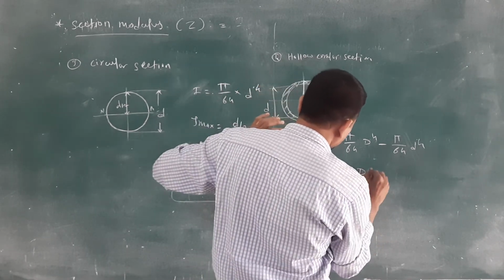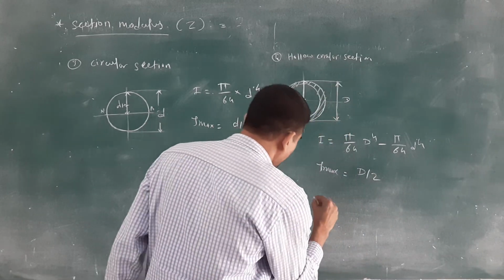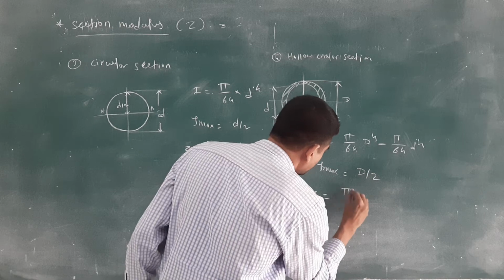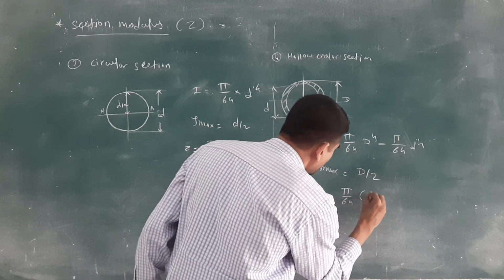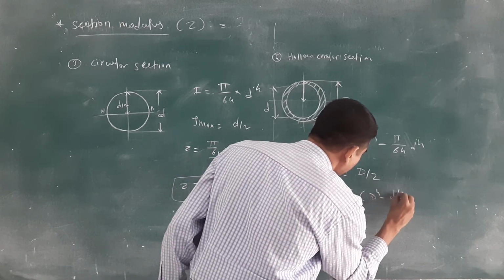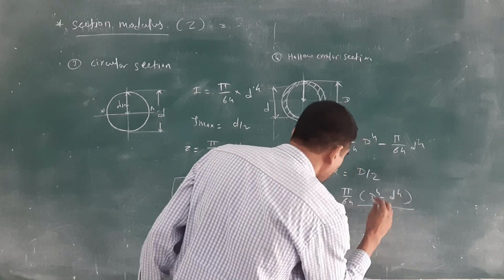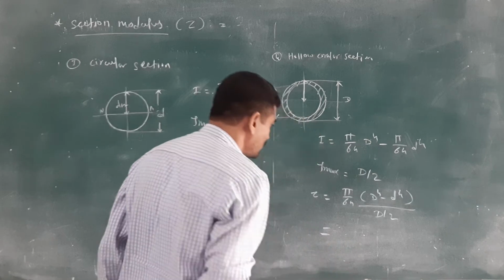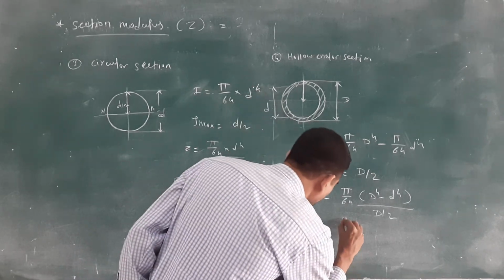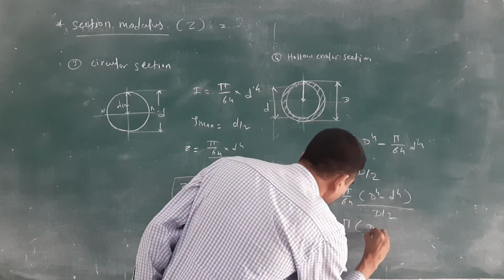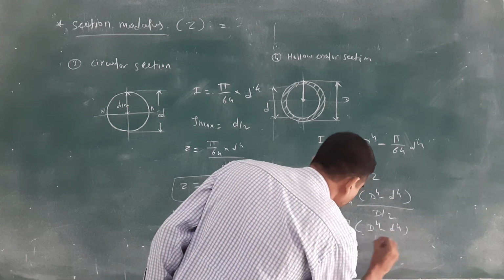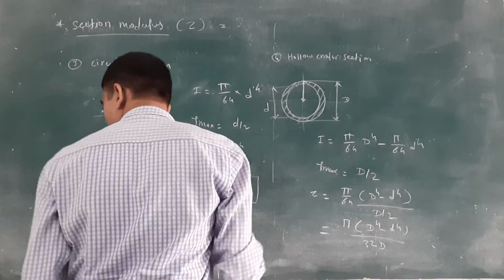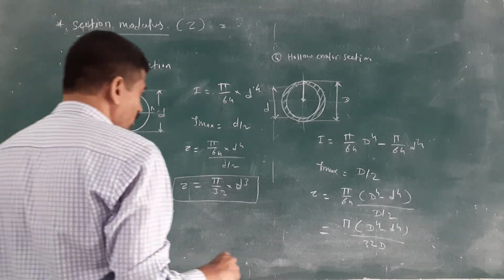You will get capital D by 2 again. Then Z is equal to, taking pi by 64 common, D raised to 4 minus small d raised to 4, divided by D by 2. Again you will get pi into capital D raised to 4 minus small d raised to 4, divided by 32D.